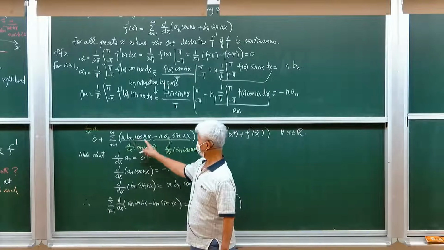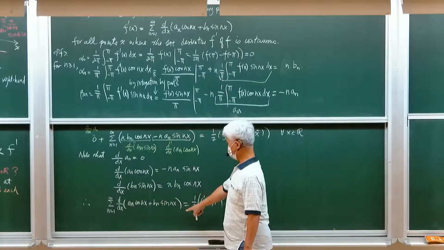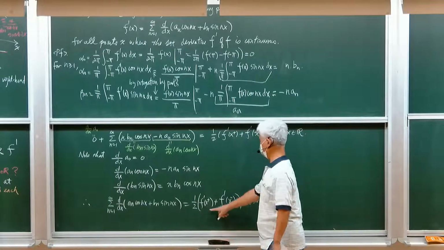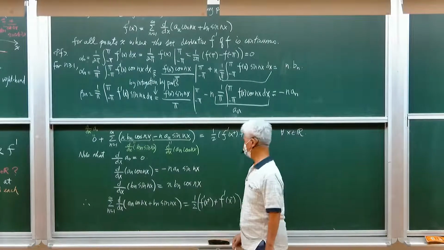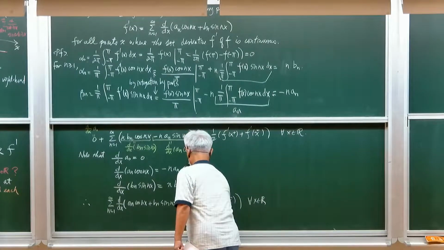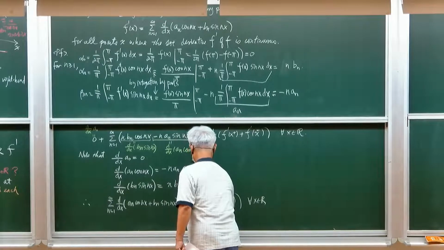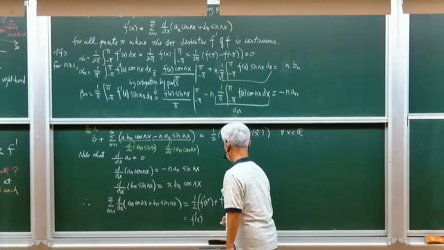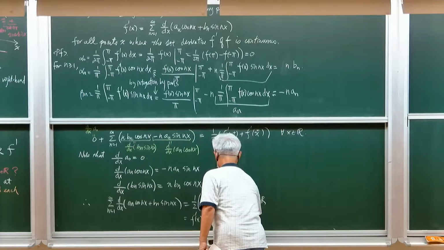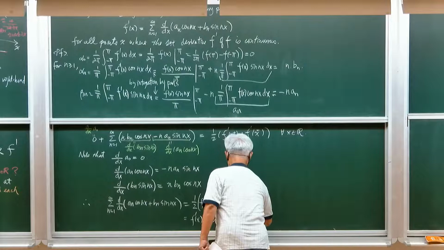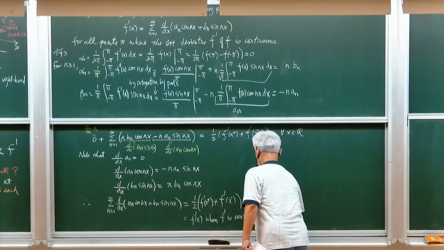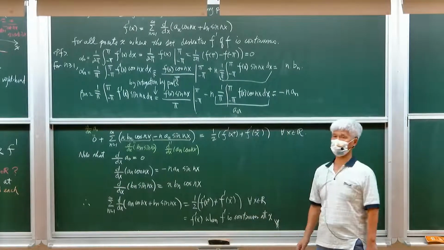Okay, because they are equal. So this series converges for all x in R, and this is equal to f prime of x when f prime is continuous at x. Okay, so this is the end of the proof.